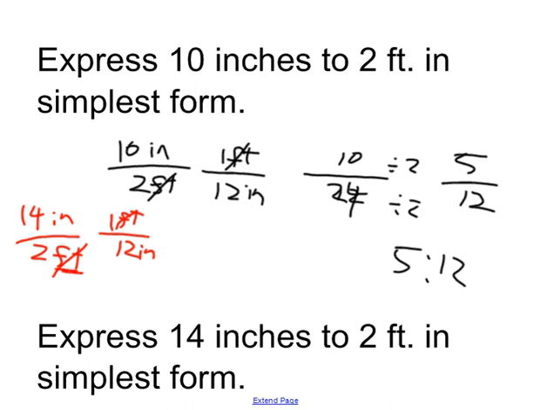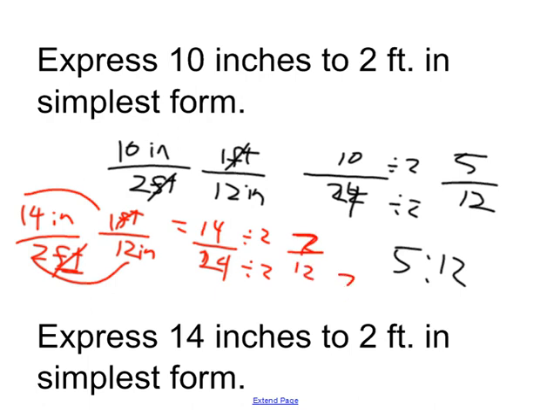And I've got 14 times 1 is equal to 14. And then I've got 2 times 12, which of course is equal to 24. So I've got 14 out of 24. As I look to reduce that to its simplest form, I can divide both numerator and denominator by 2, which would give me a 7 to 12 ratio. It can also be written as 7 to 12.